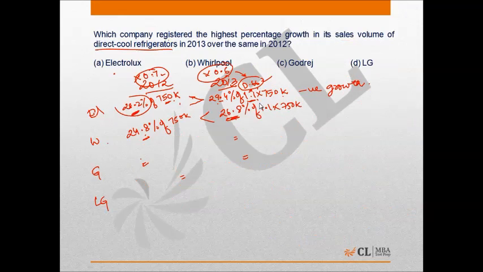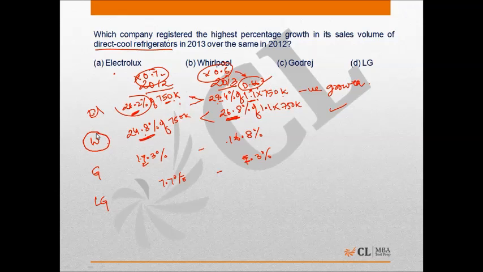Let's look at the value of Godrej. The value of Godrej in 2012 in terms of percentages is 17.3%, while in 2013 it is 16.8%. That of LG is 7.7%, and in the year 2013 it is 7.3%. It is very obvious that 24.8 and 26.8% will give us a difference of a higher value than 17 or 16%, or a value very close to 7%.